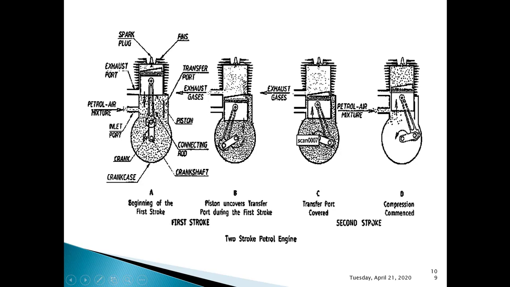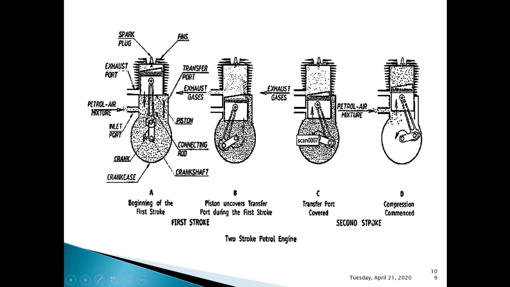I think you can remember these things. The two-stroke engine consists of three ports: exhaust port, inlet port and transfer port. The inlet port is located below the exhaust port, and the transfer port is located diametrically opposite to the exhaust port but at a slightly lower level.